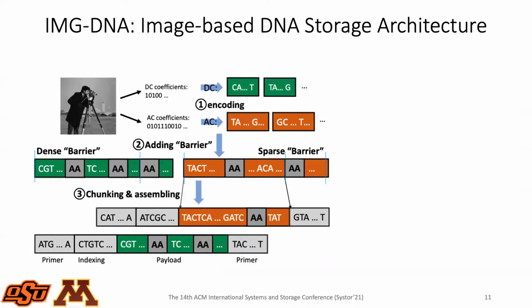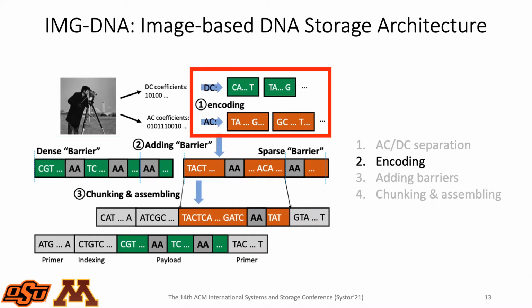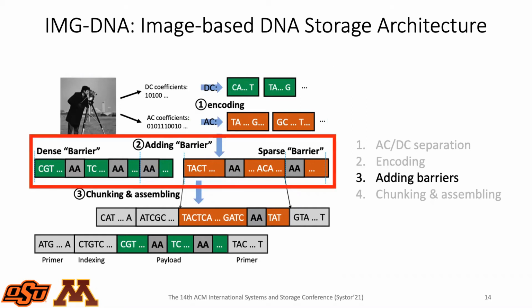So in this slide, we show the overall architecture of image DNA. Basically there are four major steps. First of all, we do the binary level AC-DC separation based on the JPEG-based encoding process. And then we encode all those binaries into DNA sequences. For DC and AC coefficients, we separately encode them into DNA sequences. After that, we separately add barriers to AC-DC coefficients.